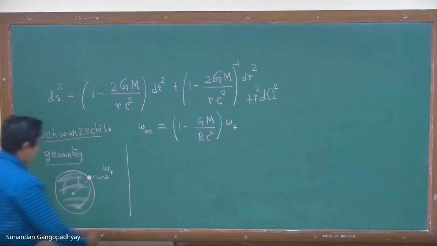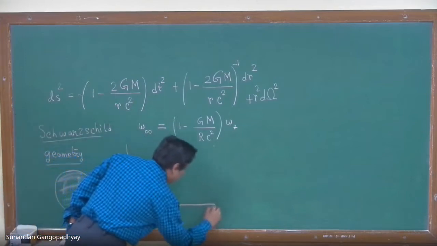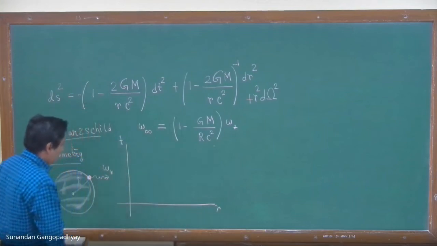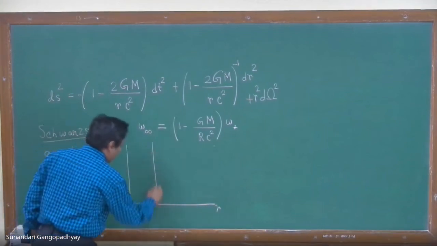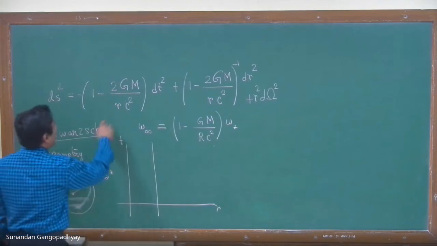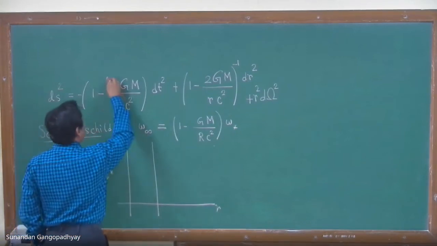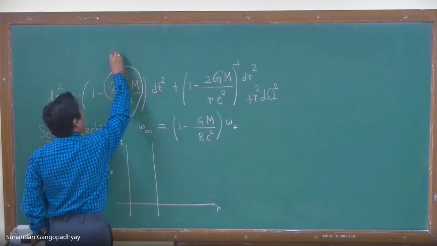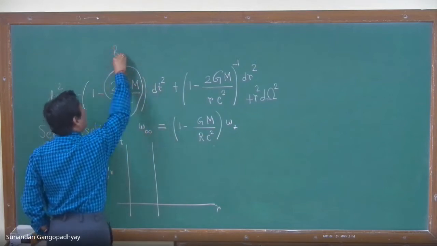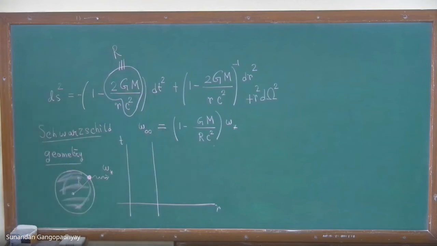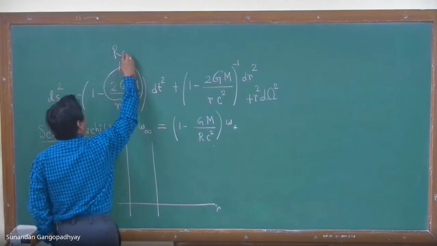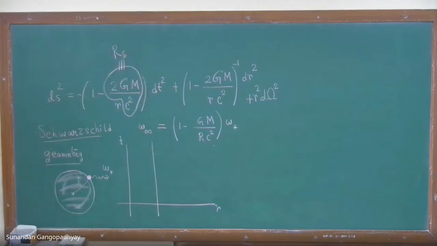So you have P and R and P. Let us call this capital R, or RS. It's better to call it capital RS.